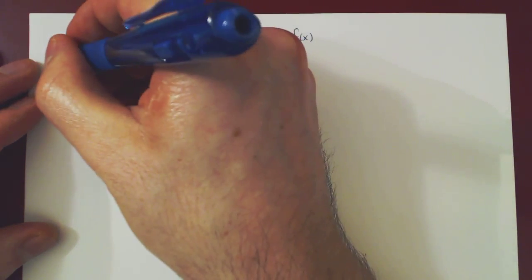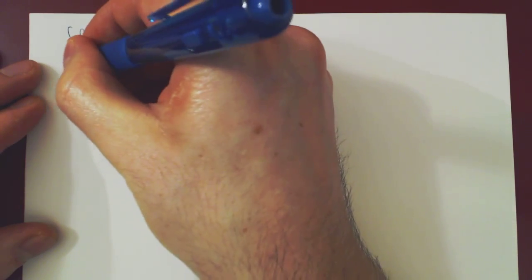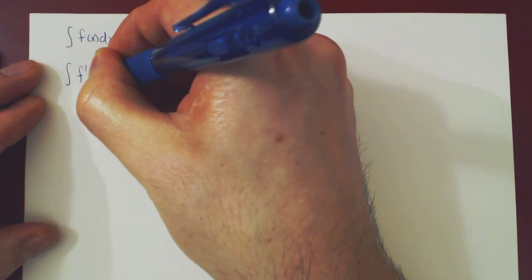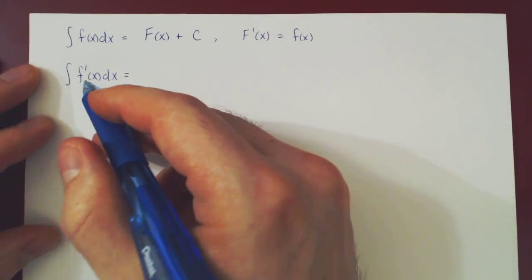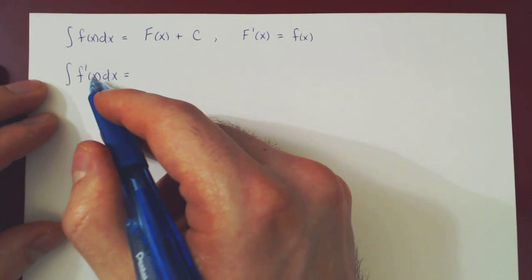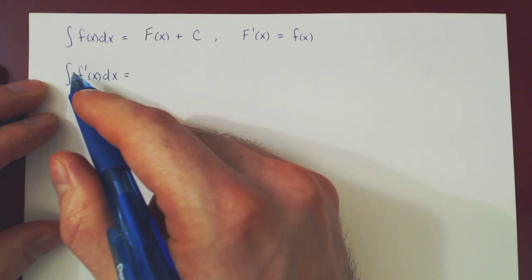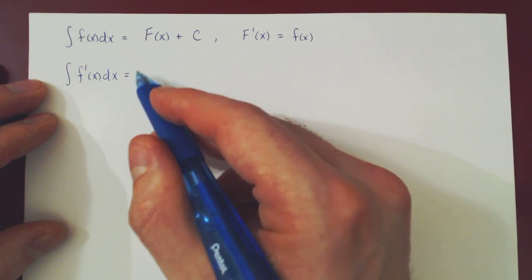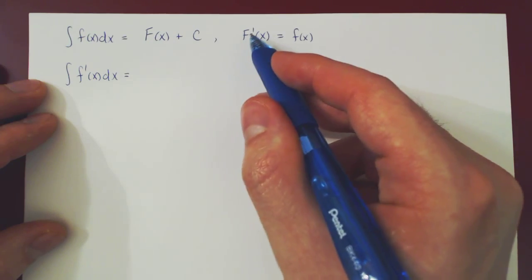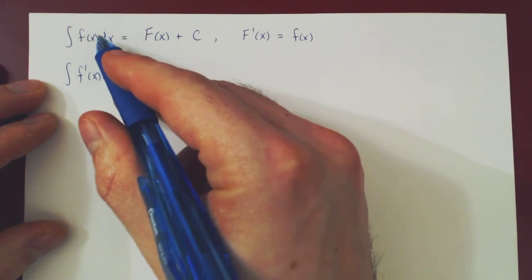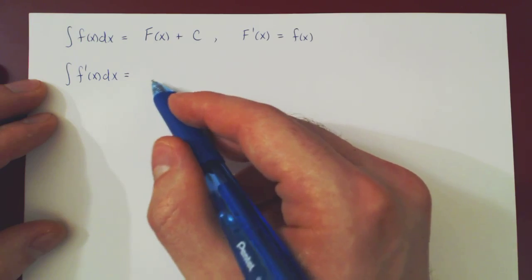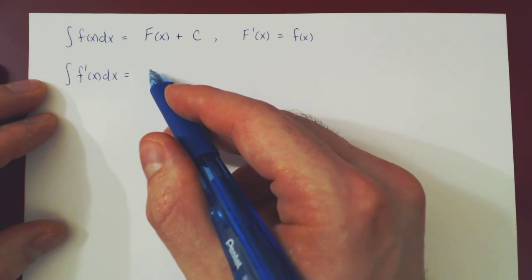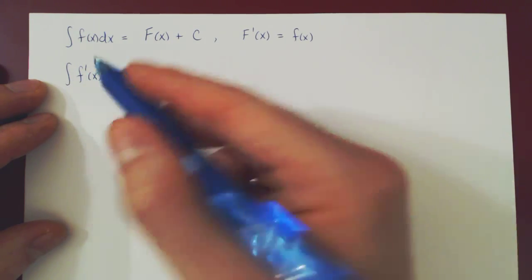So, what if we then integrate the derivative of f? Imagine you have f, you first differentiate it, and then you integrate it back. Well, what do we get? Well, think of it. We are looking for a function whose derivative is the original function. So what function has as a derivative the derivative of f of x?